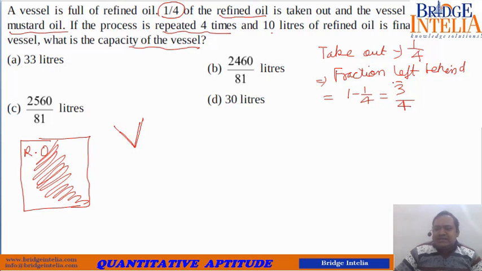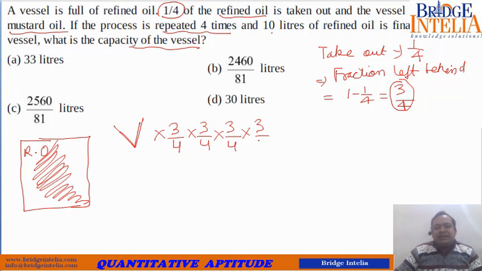In each step only 3/4 of it remains behind. You have done this 4 times. That means V got multiplied by 3/4, 4 times. And what did you observe? You observed that the final volume of refined oil was equal to 10.